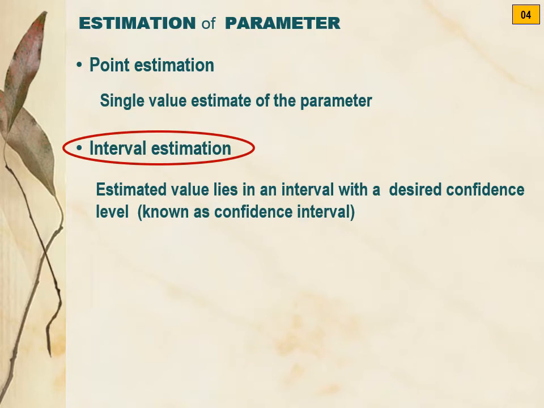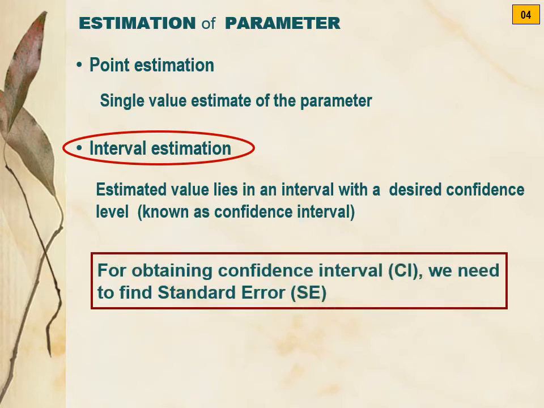This we are going to do in this presentation. But for obtaining confidence interval, we need to calculate the standard error. It's very important. So we will discuss the concept and the formula of standard error, because we shall be requiring the value of the standard error to obtain the confidence interval.